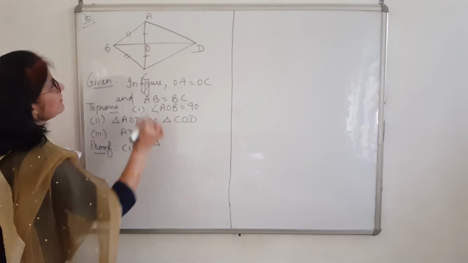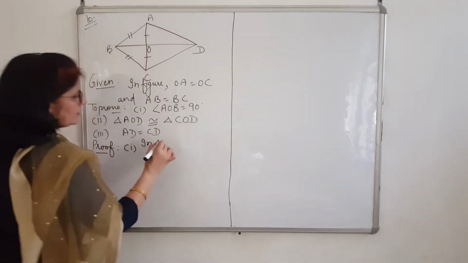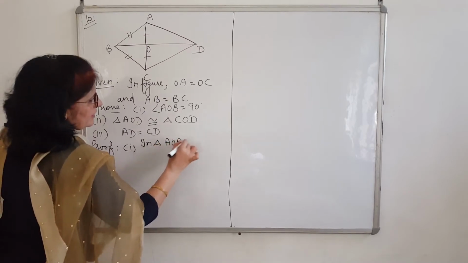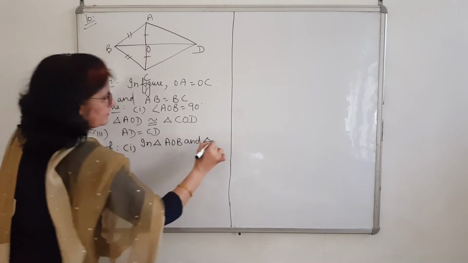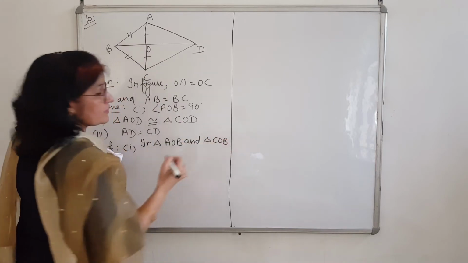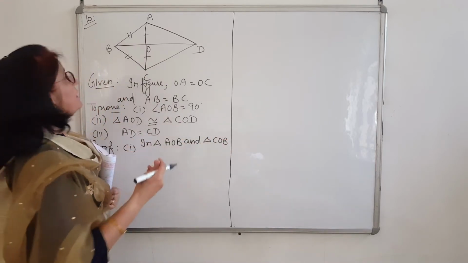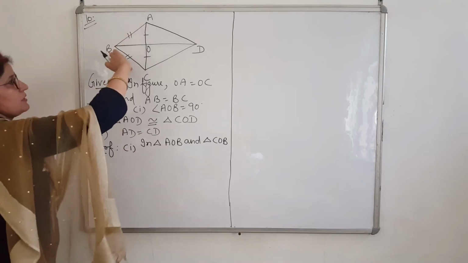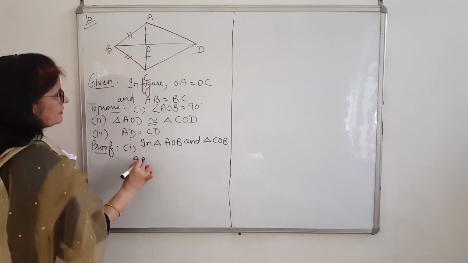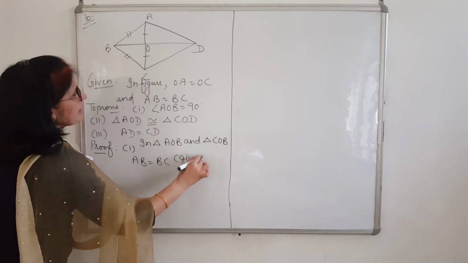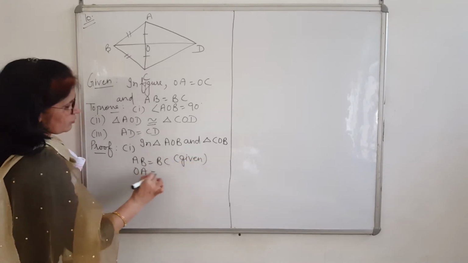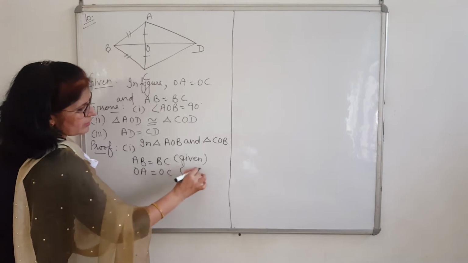In triangle AOB and triangle COB. Now which sides or angles are here equal? AB equals BC, it is given. Secondly, OA equals OC, it is also given.